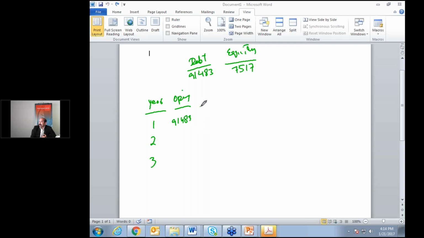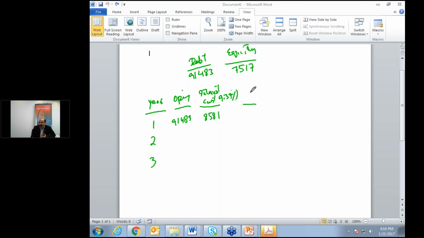Interest cost at the effective interest rate of 9.37%, which is given in the question, will give us 8581.